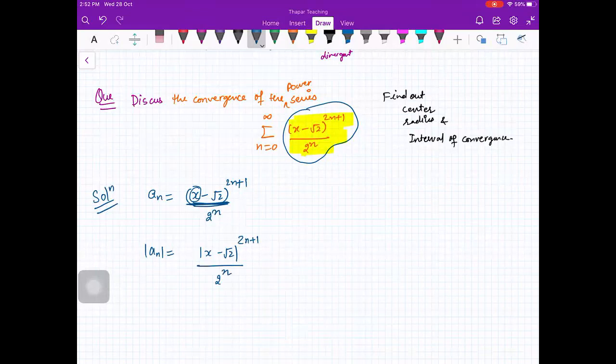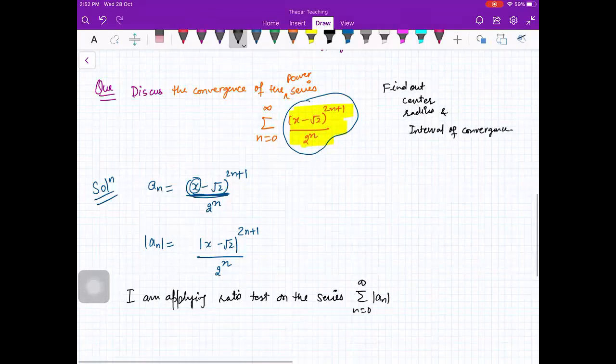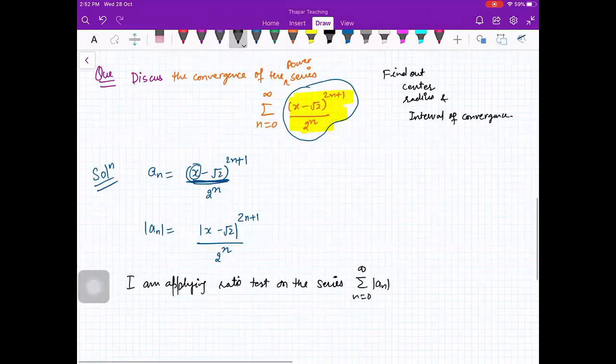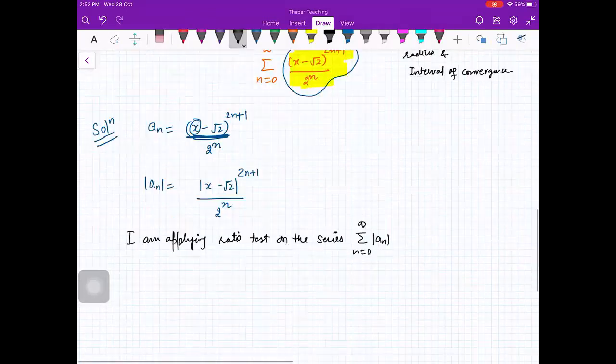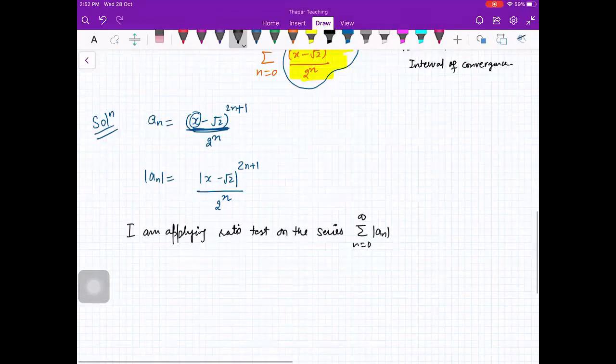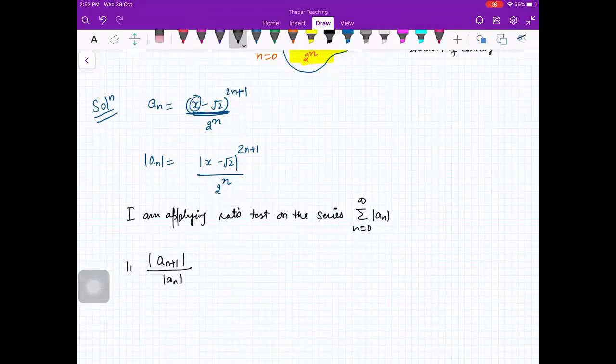So now I am applying ratio test on the series summation mod an, n from 0 to infinity. I want to find out the limit of mod an plus 1 upon mod an, n going to infinity.